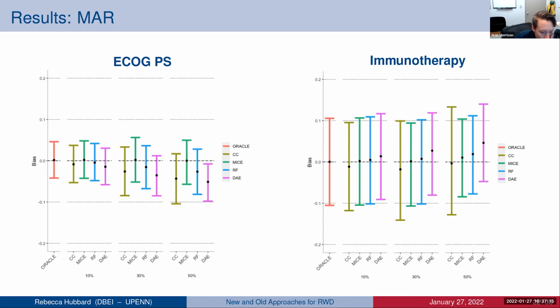So the random forest and the autoencoder are failing at recovering the data also. They have bias in both the parameter and in recovering the data. Presumably. So these are both parameters. So this isn't like mean squared error of the prediction. This is bias in the hazard ratio for the confounder variable. Okay.